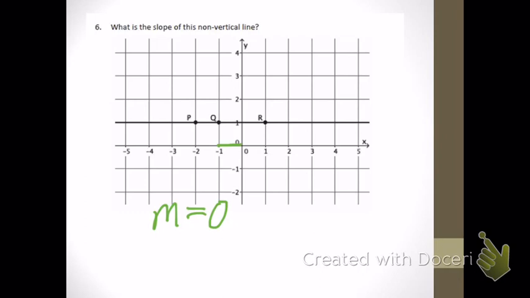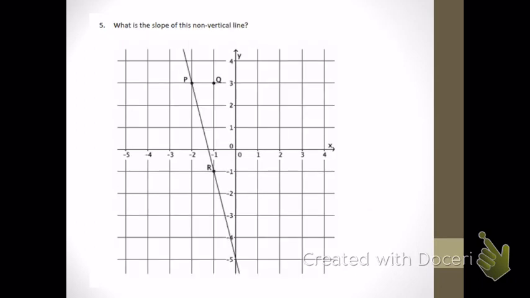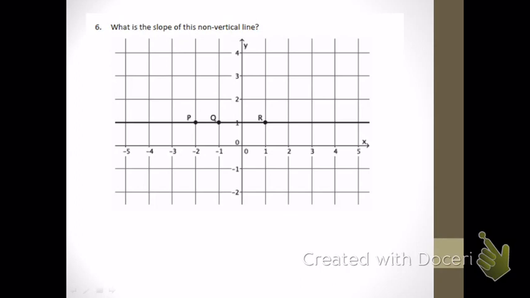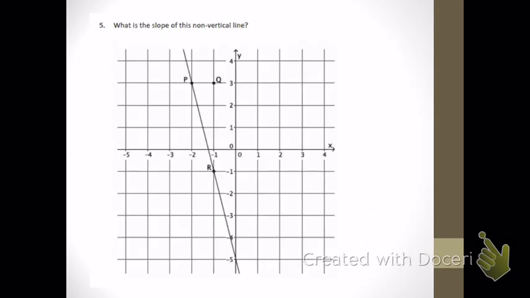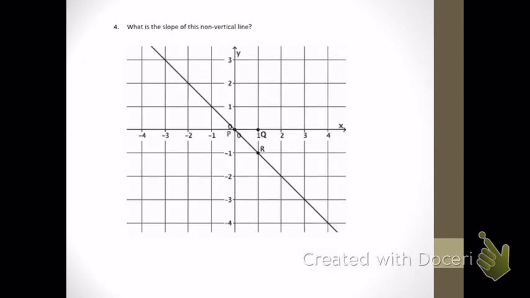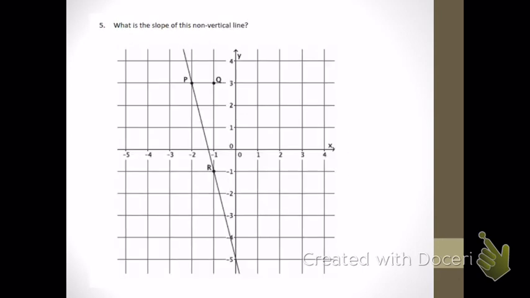One thing to notice about negative slopes, if you look back at exercises 4 and 5, is that in 5 we had a really steep slope and we got a slope of -4, and a slope of -1 on the other one. So when we're looking at negative slopes, the steeper lines like that one have a larger absolute value.